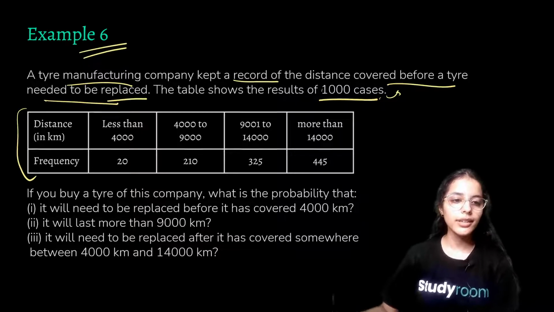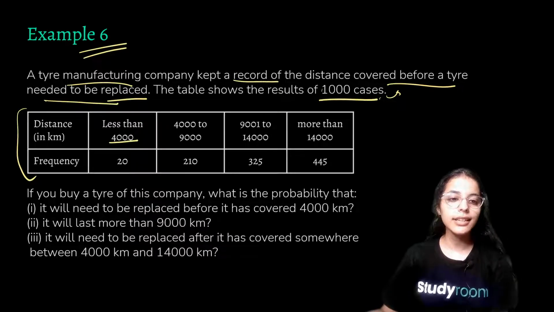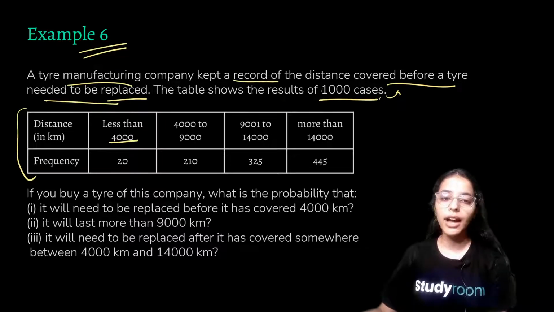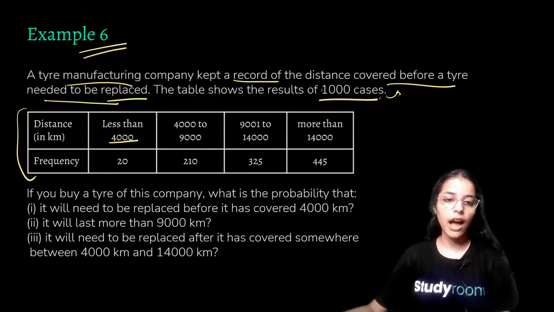Right. So here is the record. We have the frequency, that is the number of tires. 20 tires have to be replaced when they have traveled a distance that is less than 4,000 kilometers. Then we have the range of this, then this and this.